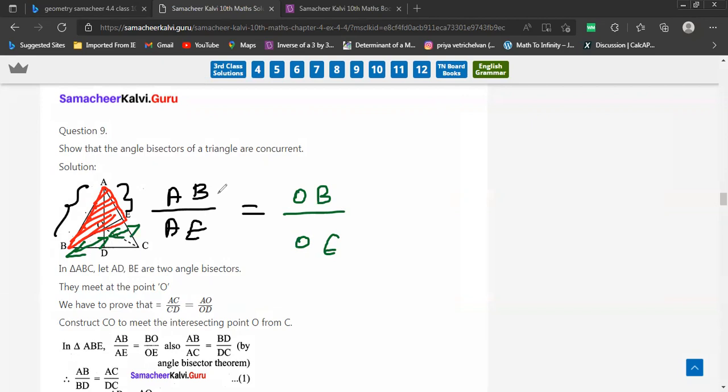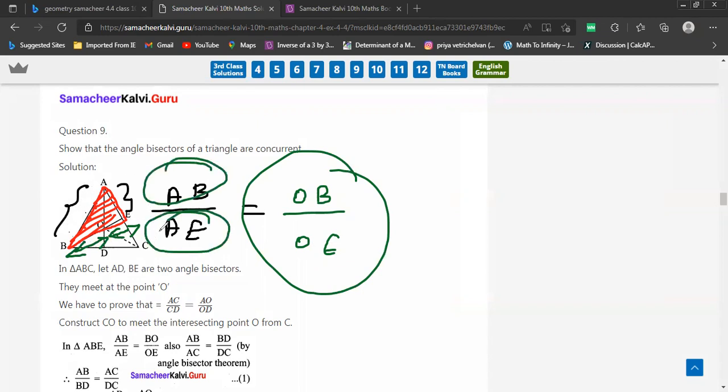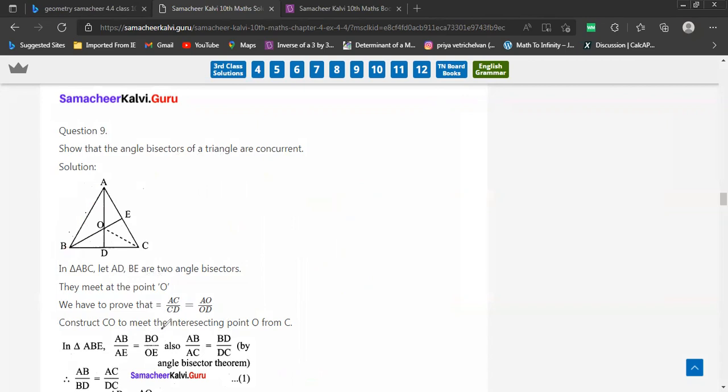They'll take the largest side and they'll write the first part as the numerator and the second part as the denominator. So you take the other two sides of the triangle, for example, AB and AE. You write one as the numerator and the other as the denominator. That's what the angle bisector theorem says. Can you follow this?